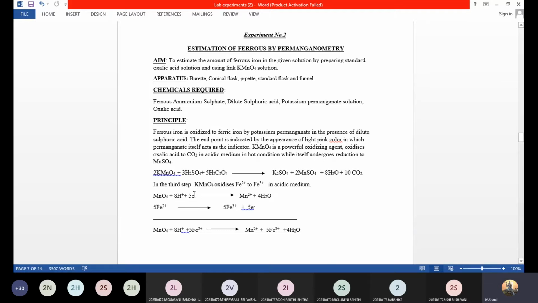Since KMnO4 is a very good oxidizing agent, it oxidizes ferrous Fe2+ ions to Fe3+. In this process, KMnO4 is reduced from +7 to +2 and ferrous is oxidized from +2 to +3. So from iron +2 to iron +3, do you see an increase or a decrease in the oxidation number?